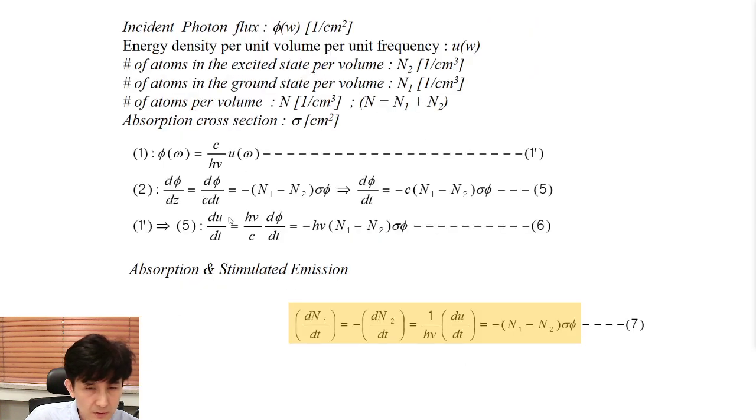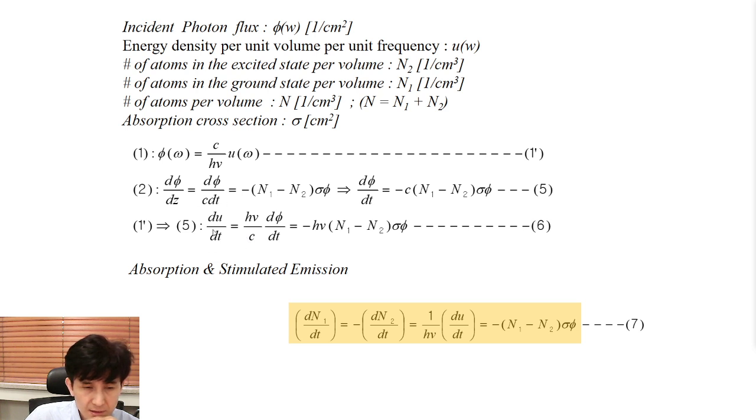So equation 5 is replaced with u, then we have du over dt equal to h mu over c times d phi over dt, so it becomes minus h mu times n1 minus n2 times sigma phi.